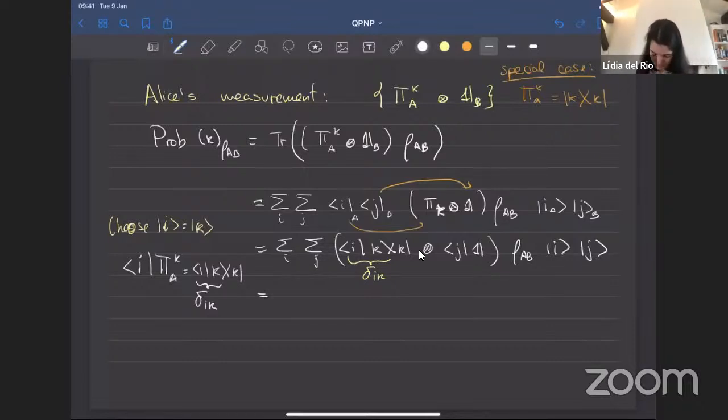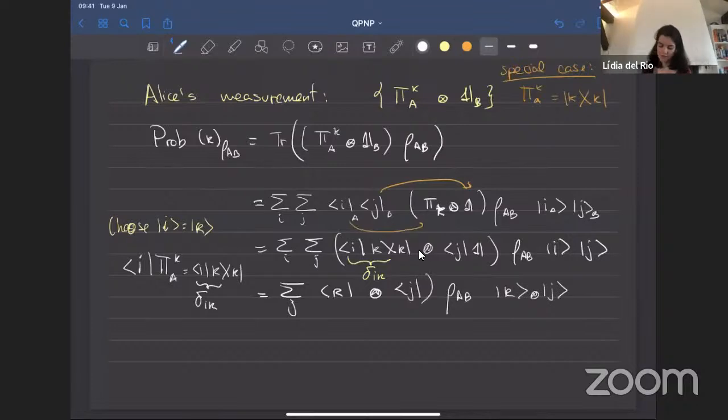So then we have the sum over j. What survived? Here we still have the k, here we have the j, rho AB, k, j. Good.